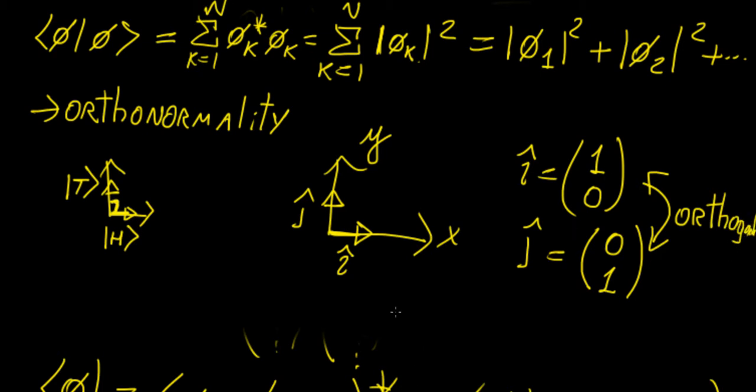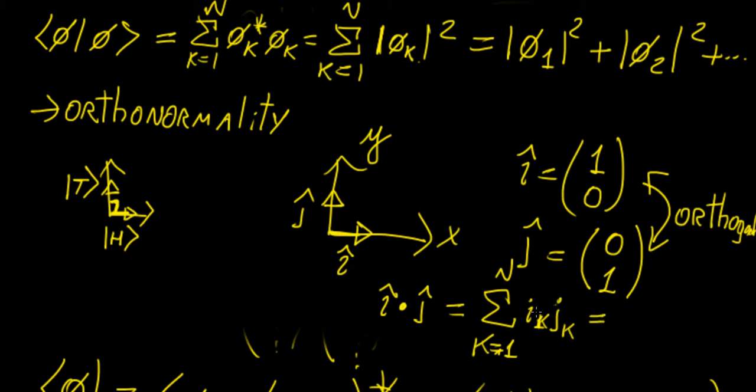Another way we can prove this using vectors is by taking something called the dot product of two vectors. So if I take the dot product, this is essentially defined as the sum from k equals 1 to n of i_k j_k. And look at what happens here.